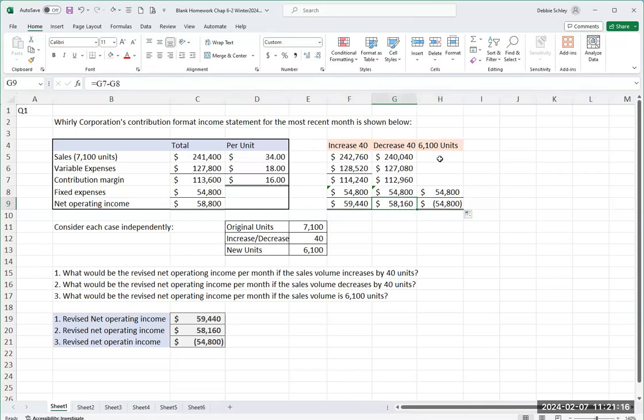This one's not right yet because I don't have my information here. So now I just do the same thing. My sales price times my new units of 6,100. I'm going to anchor that. So then I get my variable by times the variable per unit times the new units.